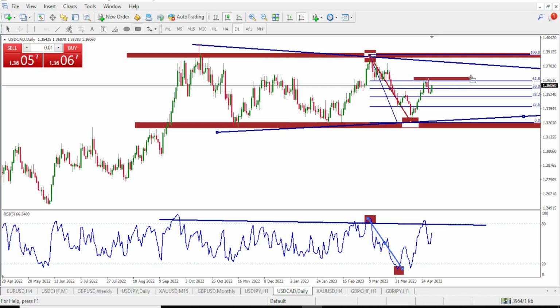And this is something that I have also discussed on other pairs in the previous video on the pound dollar and pound yen. Something like this pattern is going to form.